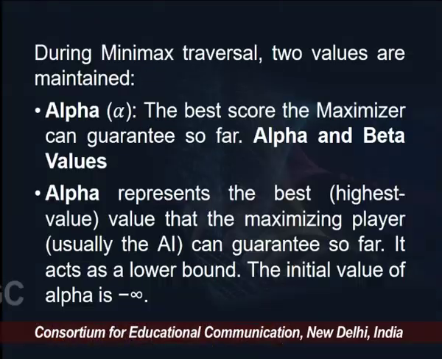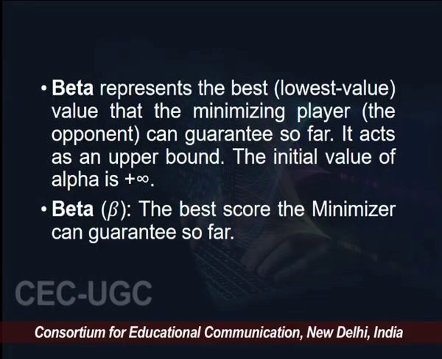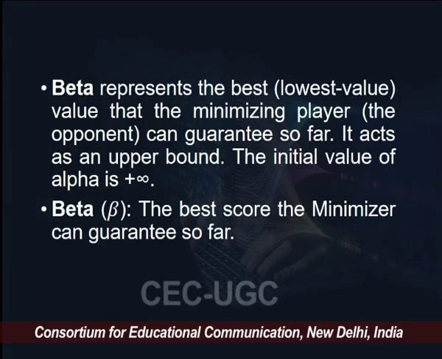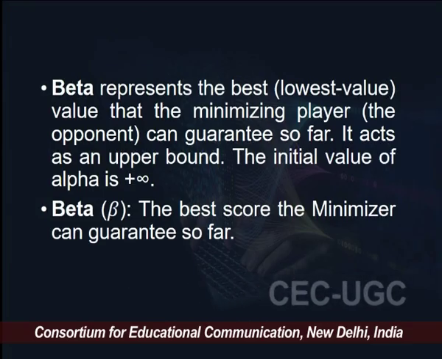So, what is alpha? Alpha is the best score the maximizer can guarantee so far, while beta is the best score the minimizer can guarantee so far.